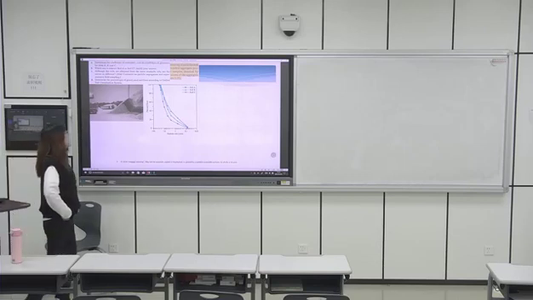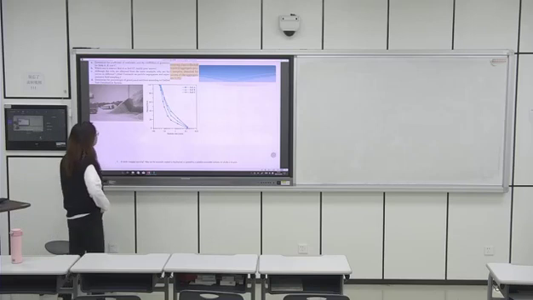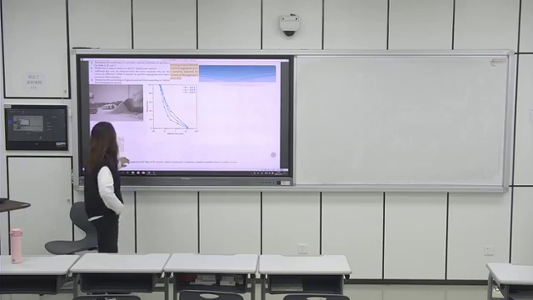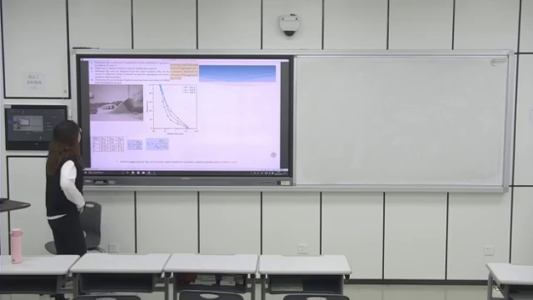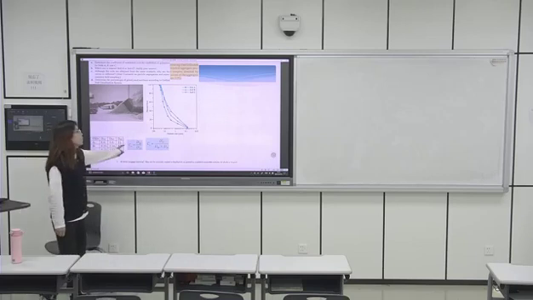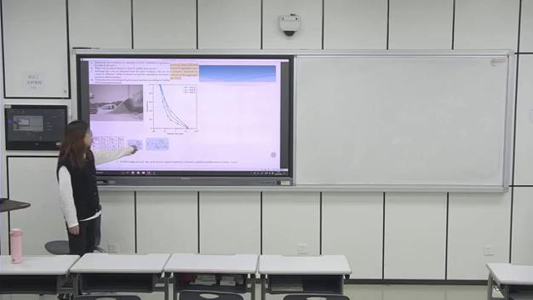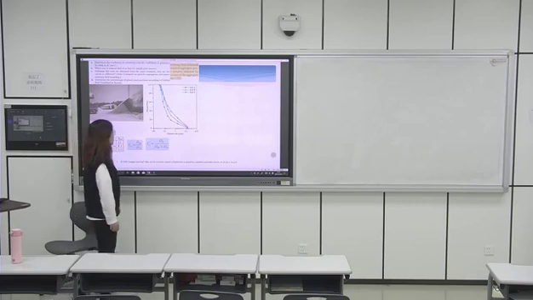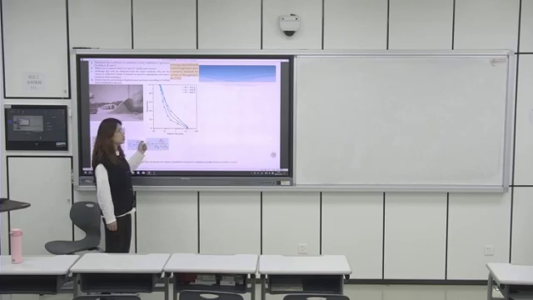So let's see the first one. Determining Cu and Cc is very easy. What is Cc and Cu? We know that the uniformity coefficient is Cu. It is actually the ratio between D60 and D10. Cc is the gradation coefficient. That is, use this equation.